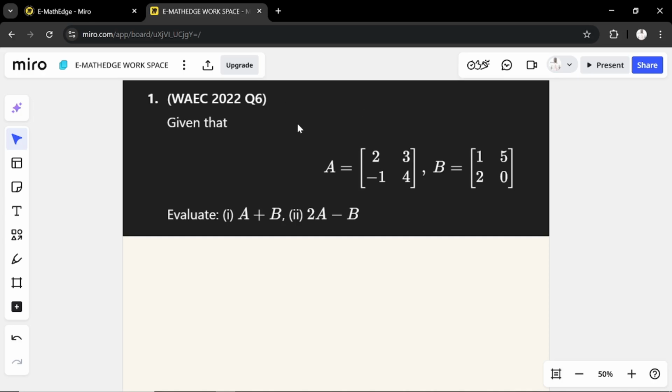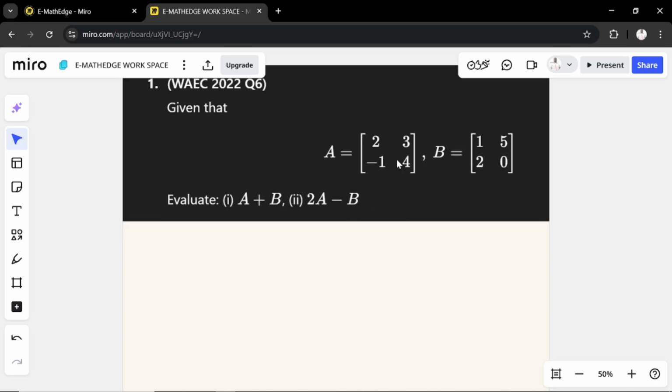The question says, given that matrix A is equal to 2, 3, minus 1 and 4, while matrix B is equal to 1, 5, 2 and 0, evaluate 1, matrix A plus matrix B, and 2, matrix A subtract matrix B.